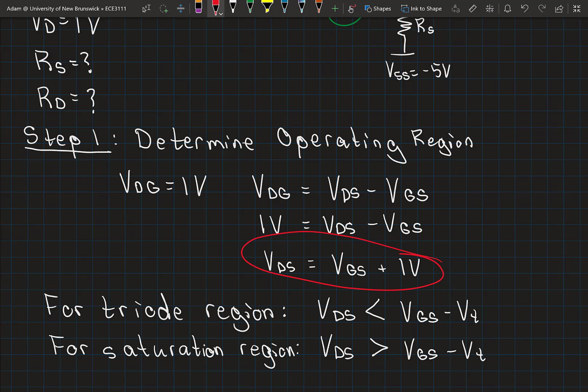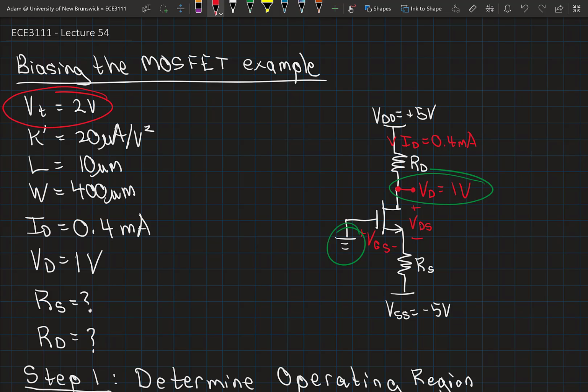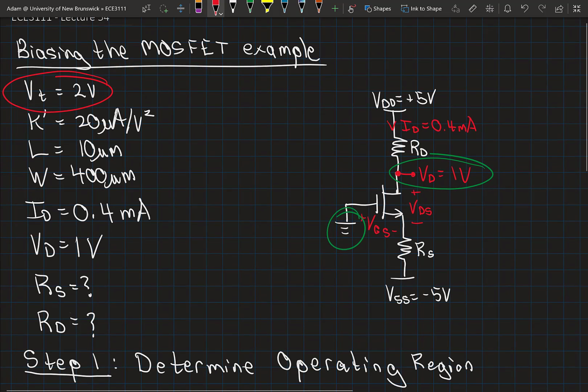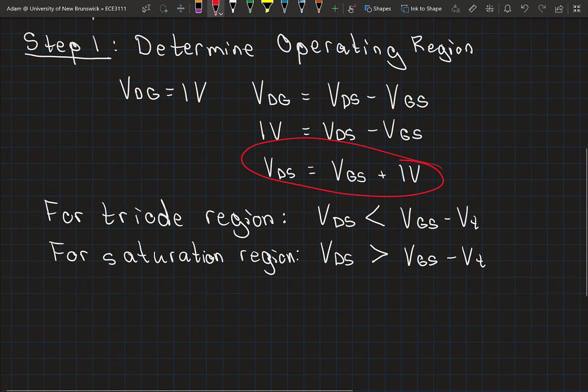So we know the threshold voltage for this, which was given up here, is plus 2 volts, and it'll be always a positive value for an N-channel enhancement mode MOSFET. So this corresponds to operation in the saturation region, right? My drain to source voltage is greater than the gate to source voltage minus 2 volts, because it's the gate to source voltage plus 1 volt.